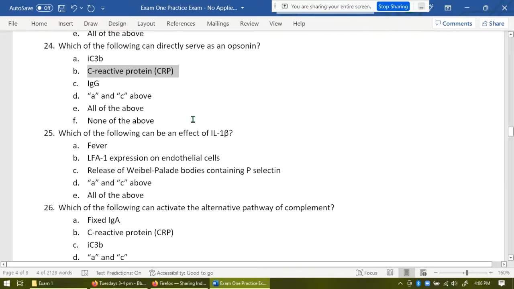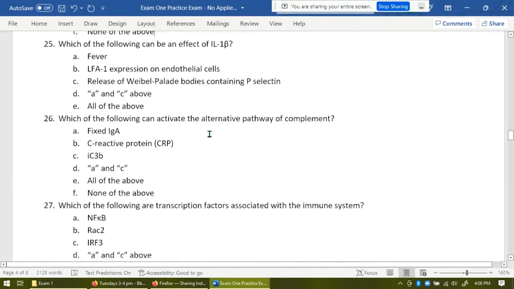C-reactive protein, yes, on its own is an opsonin. Its receptor is the Fc gamma R1 receptor and Fc gamma R2A. So it actually uses IgG receptors in order to opsonize things, weirdly enough. IgG, obviously that one is an opsonin. It's going to mark things for phagocytosis. So all the above for this one.